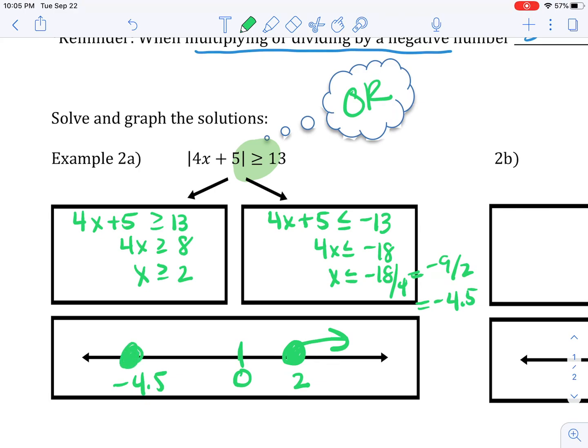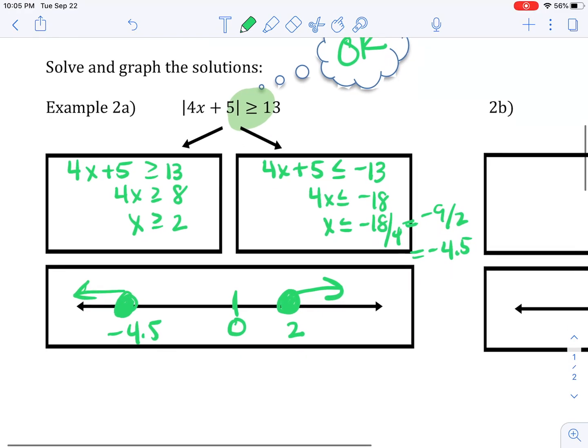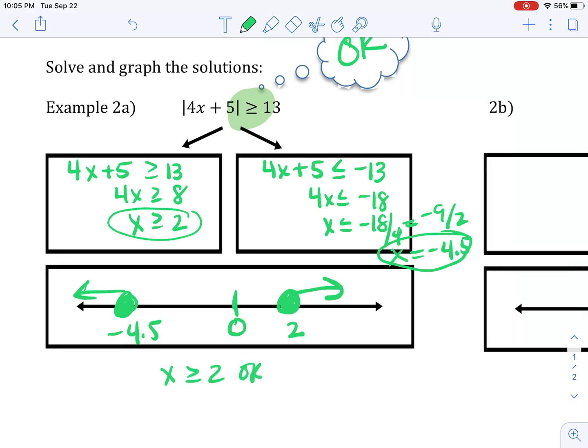And x is less than or equal to negative 4.5. So here are our two solutions. And we would write an "or" in the middle of that, like this. X is greater than or equal to 2, or x is less than or equal to negative 4.5. There's our final answer.